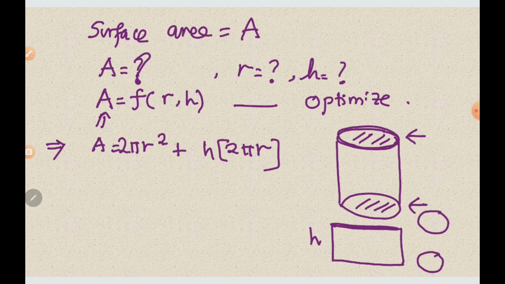Okay, so from our previous result, we already have h as the subject. In terms of r, h is equal to 1000 over pi r squared.